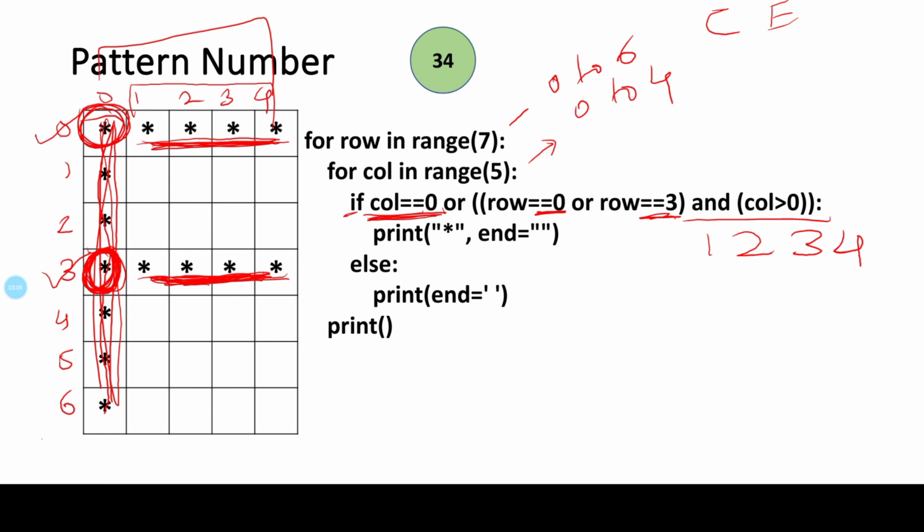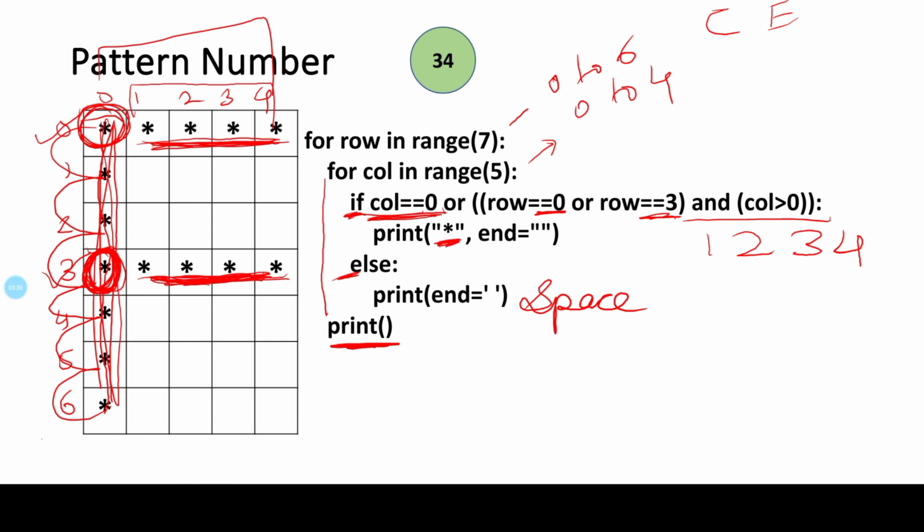So whenever this if condition is true, I need a star. Otherwise, in the else, I need a space over here. And this statement, which is outside of this for loop, is for changing the rows. So this is a very simple program, similar to C and E.